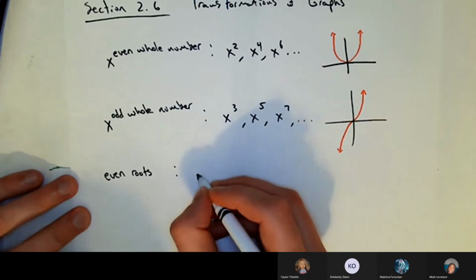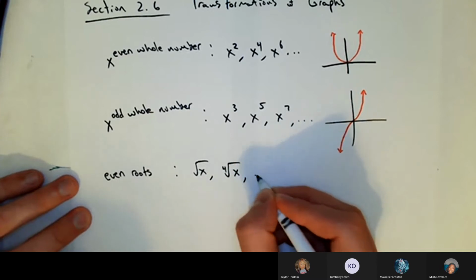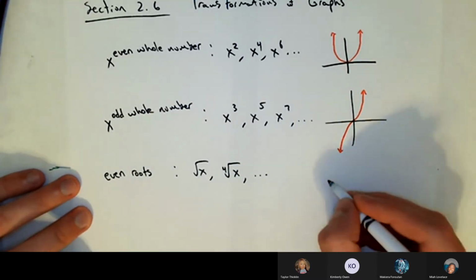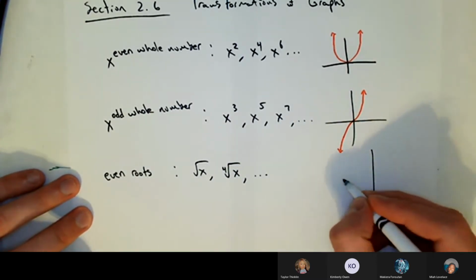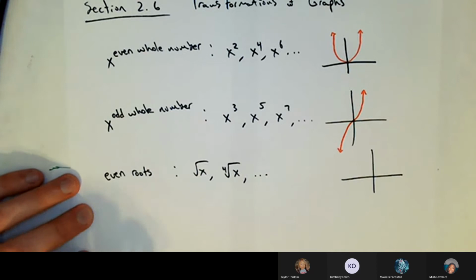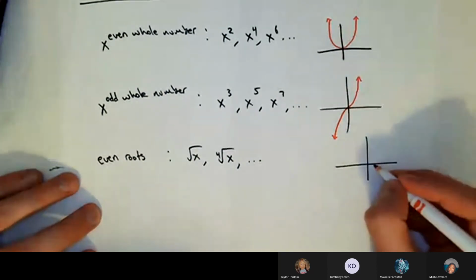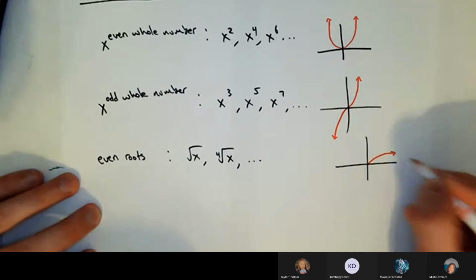So that's like square root of x or fourth root of x, etc. Remember, the root for a square root is a 2. The index there, that number written right, it's technically a 2, but we just don't write it when it's a square root. And those are kind of like a sideways parabola, but it's only the top half.